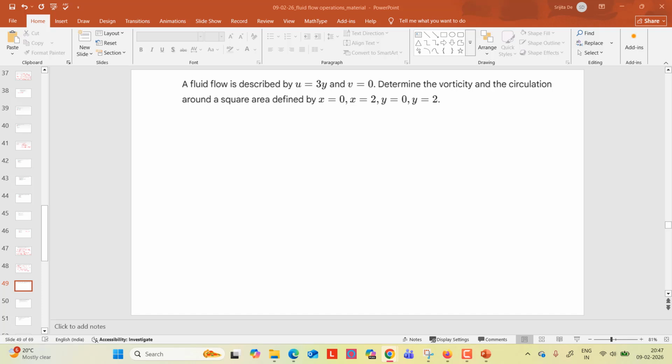Next, a fluid flow is described by U and V. Determine the vorticity and the circulation around the square area defined by X and Y. As this has a U component and a V component, the vorticity component will always be in the Z direction. So your omega Z component is del V del X minus del U del Y, equals del V del X is 0 minus del U del Y is 3.